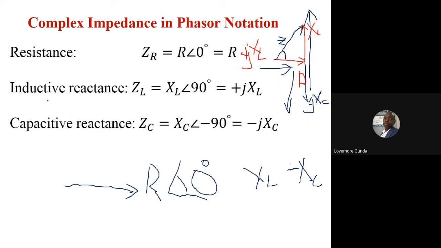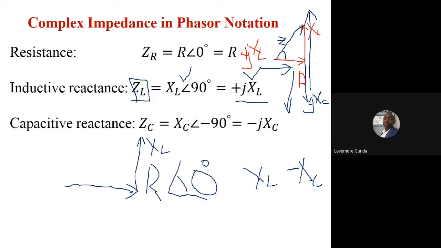Then the inductive reactance, which we said, let's say it's now our ZL, will be XL at an angle of 90 degrees, right? That is, it's going upward. That's why it's plus JXL. So this is the polar representation. This is the rectangular representation.